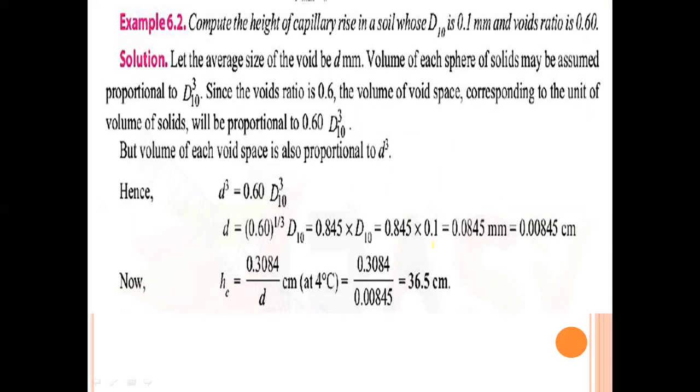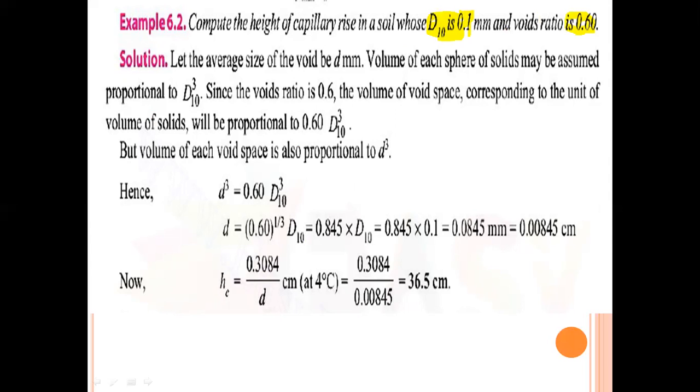Compute the height of capillary rise in soil whose D10 is 0.1 mm and voids ratio is 0.60. So here the soil diameter D10 is 0.1 mm, and the void ratio is 0.60. Let the average size of void be d mm.